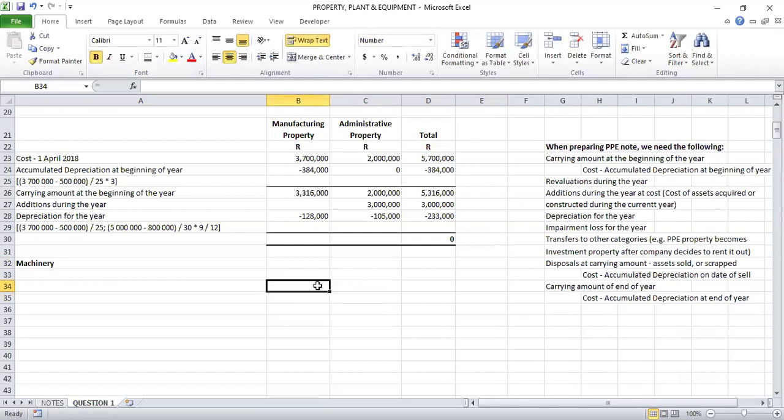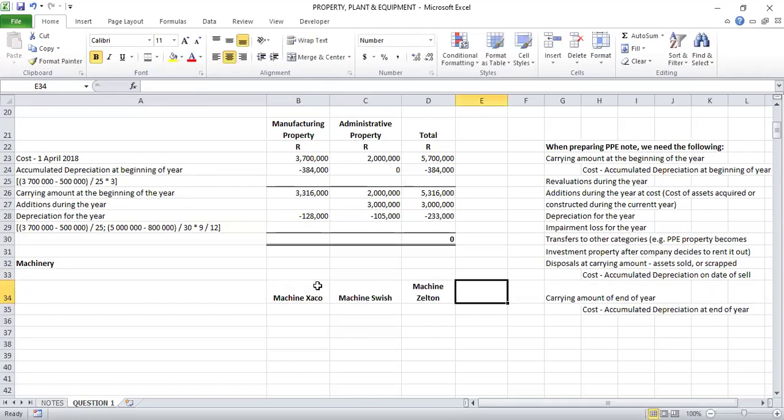We have 3 machines here that are involved. Machine Shako, we have machine Swish, we have machine Zelton, and we have our total.